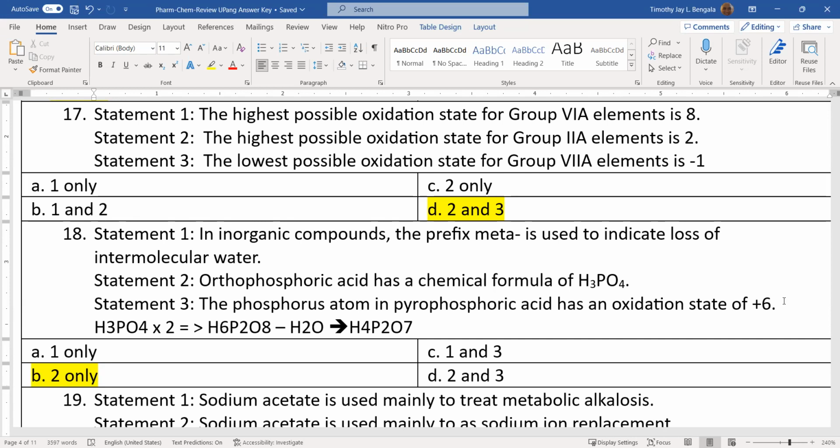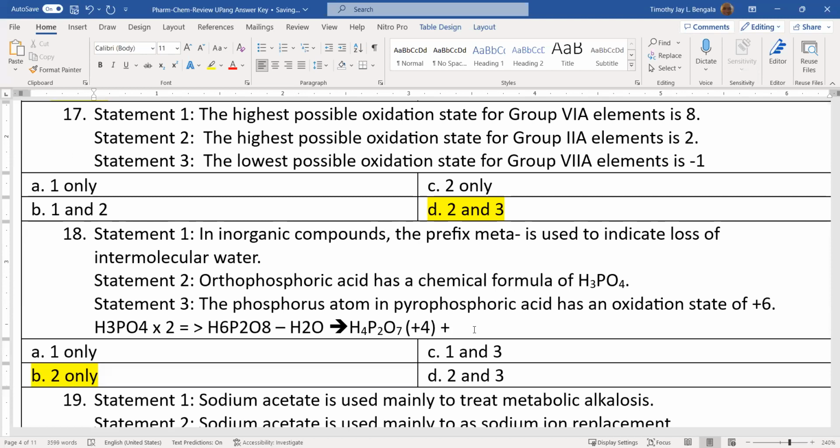Now, next is kailangan natin computein yung oxidation state. So, ayusin ko lang para ma-sure tayo. So, yung hydrogen would be +4. So, that's for the 4 hydrogens. That's +4. Plus, for P2.